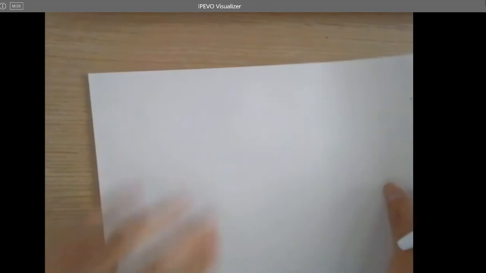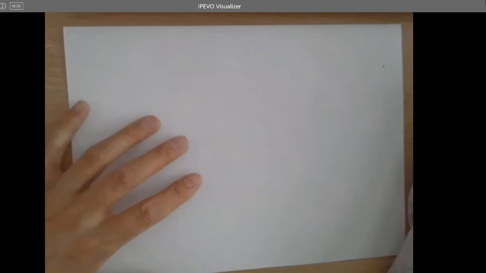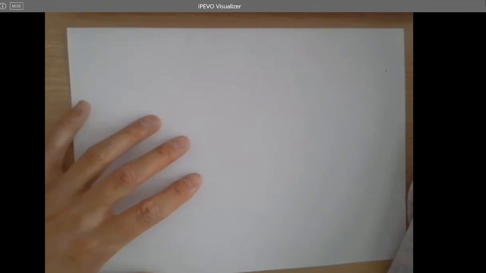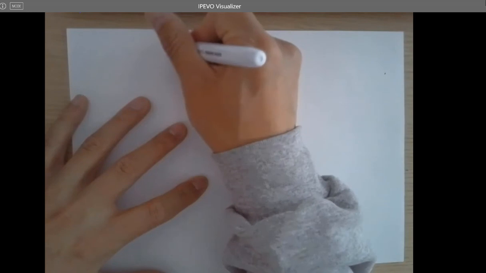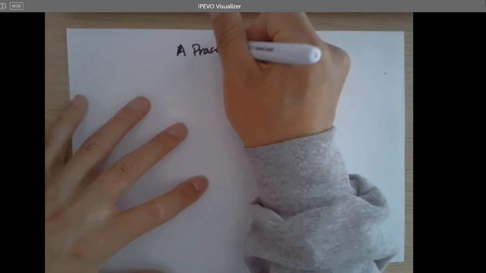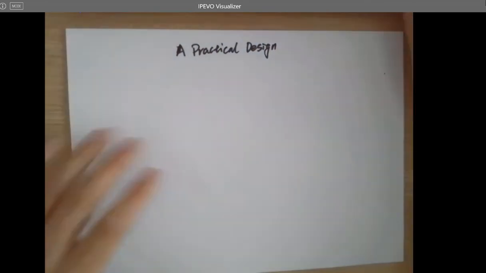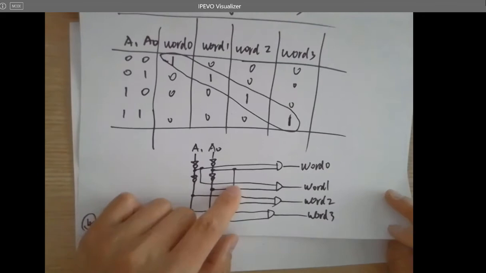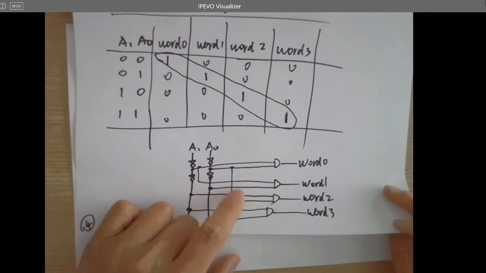In real circuit, I'm going to show you how to make a clocked decoder. A practical design, let's just call it this. Yeah, you cannot directly just use a combination logic in the sequential circuits. You have to clock it so you can control it, right?